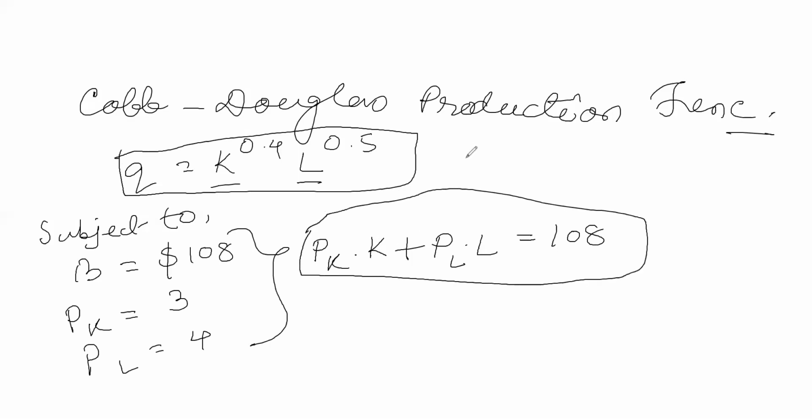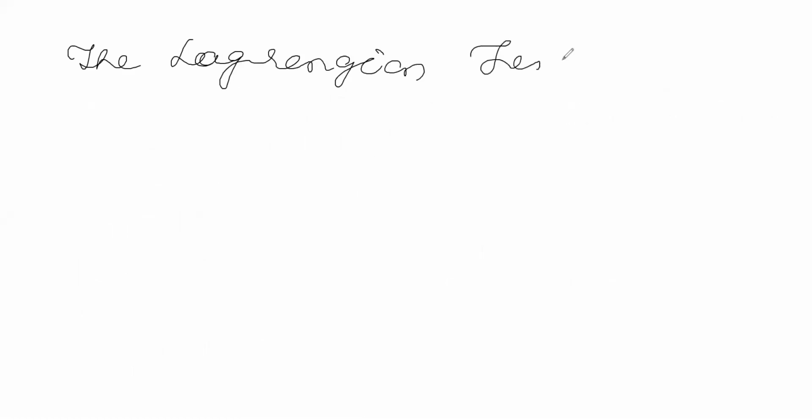Now, the students of economics and also who have covered the Eco 202 course, they're very much familiar with these Cobb-Douglas production functions. Let's see how to form a Lagrangian function given this information. So, in order to form the Lagrangian function, what will we do?